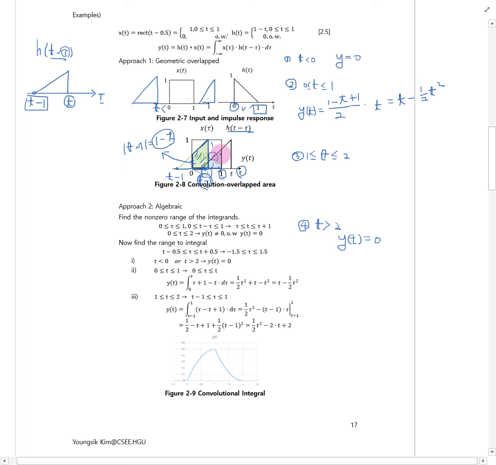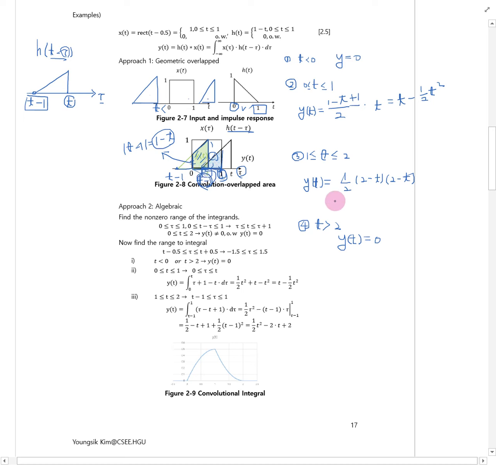Okay, this height is the same, so y(t) can be given as the area of the triangle, 1.5 times width times height. Width is 2 minus t, height is also 2 minus t. So this distance from here to here, 1 minus (t minus 1), gives this distance.